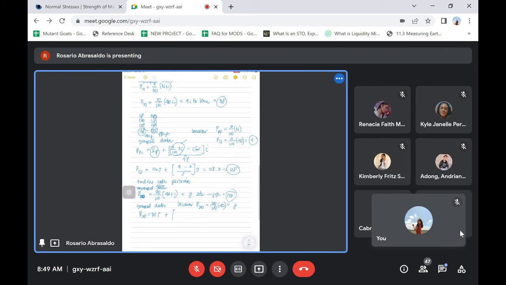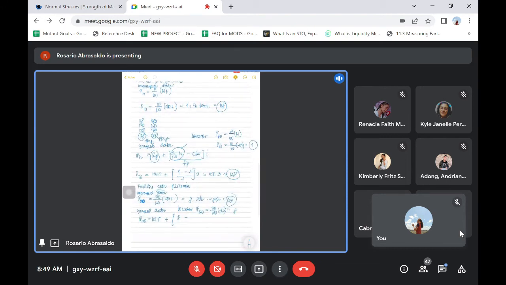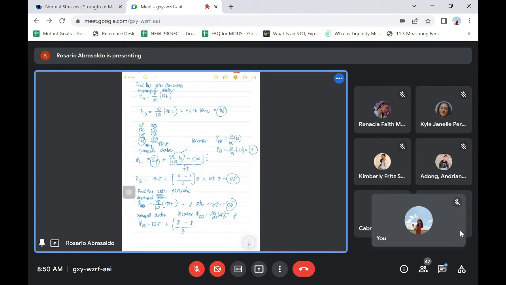Okay, plus our locator is 8 minus, okay, cumulative frequency. 8 is our cumulative frequency. So, we have now, along with our exact lower boundary limit is 9, times the class size.